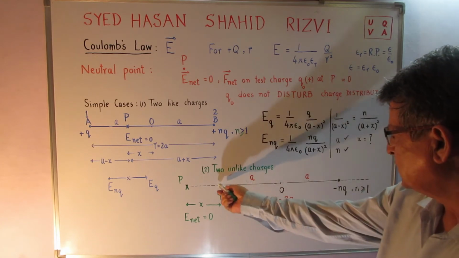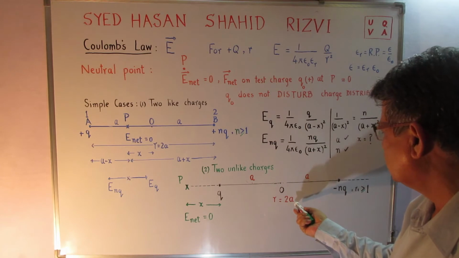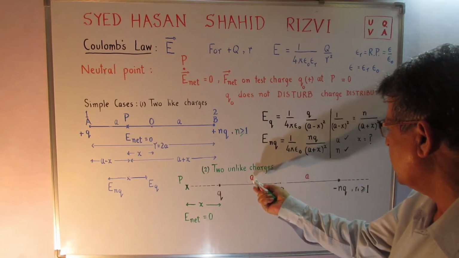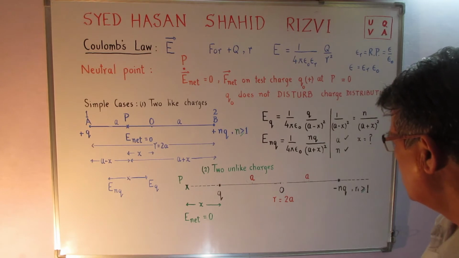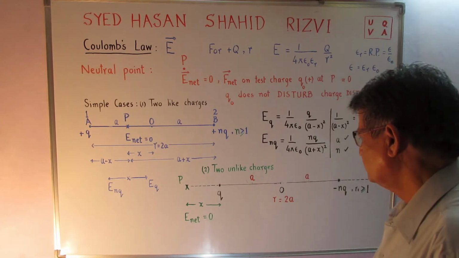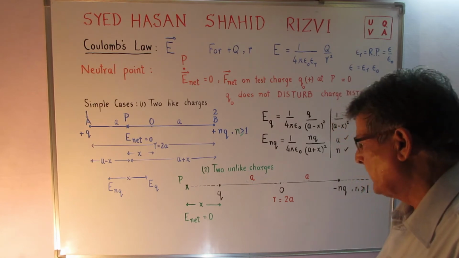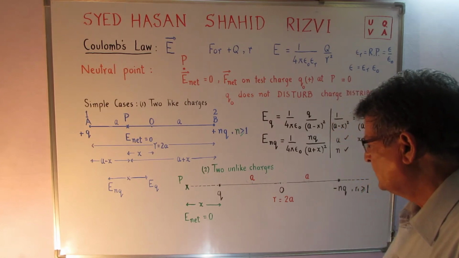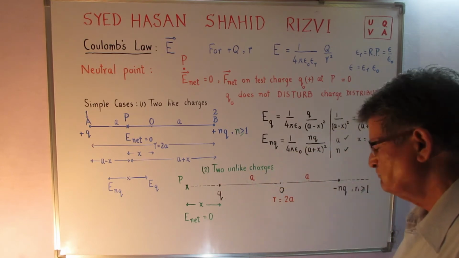So these are the two situations, A and B, distance r apart, where r is equal to 2a, so I take this A and this A. Now let us see, where shall we get the neutral point? Let's see if I can get one between this point and this point anywhere.